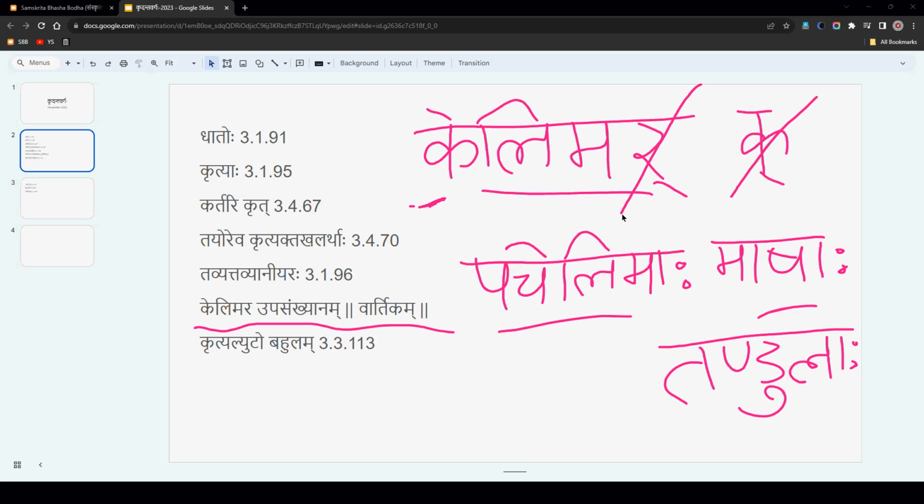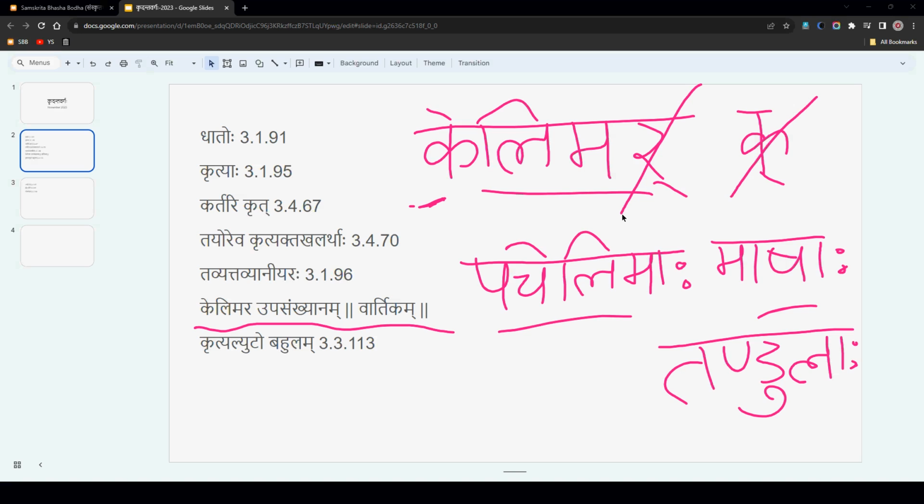Sometimes they have some significance in the process. In this case, Kelimar is the name of the pratyaya, but the first kakara and the last refa are removed, and elim remains. Then we have Elima as the remaining part to be added to the dhatu.